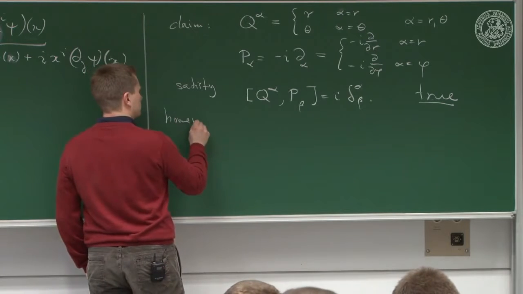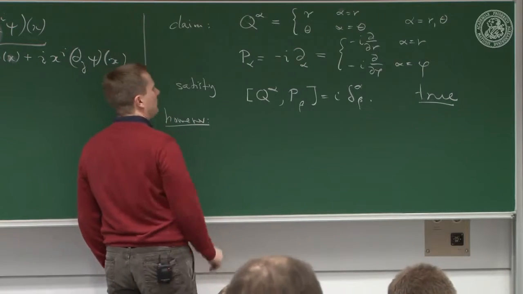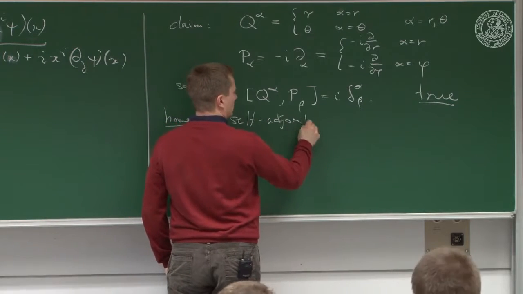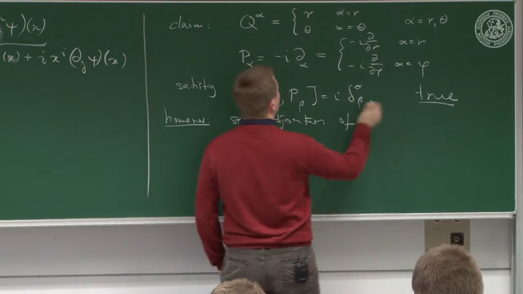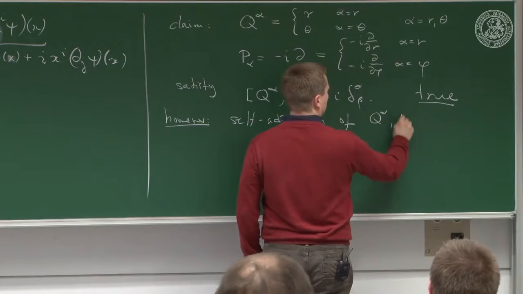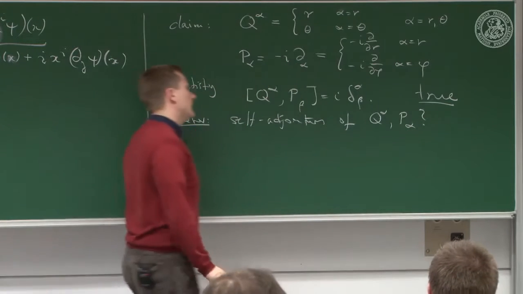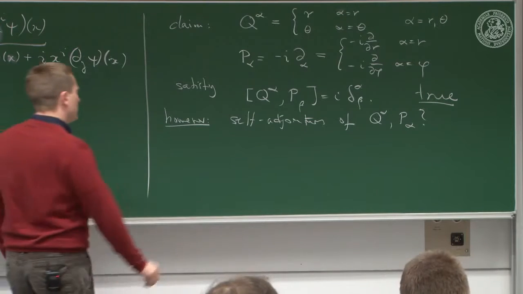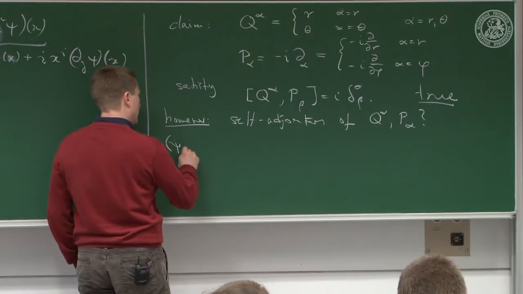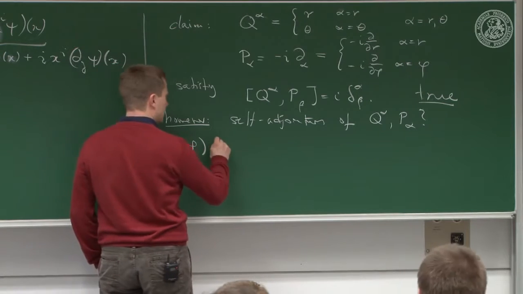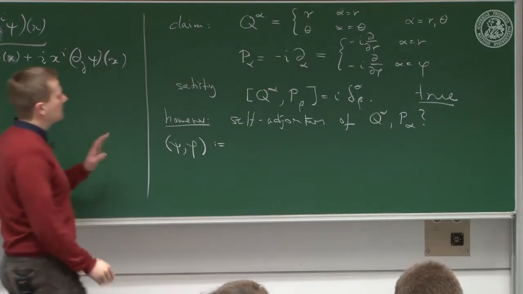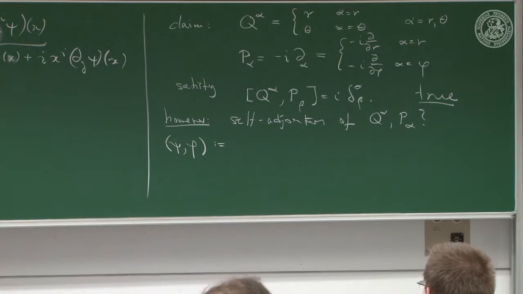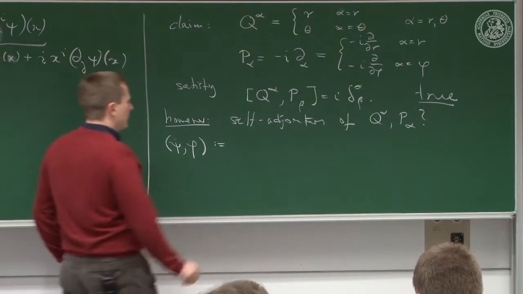However, what about the self-adjointness of the Q alpha and the P alpha? And there we're in for some surprise. But first we have to write down the inner product for these abstract wave functions. And we're still adhering to the idea that this is a complex valued function, otherwise our calculations don't apply.